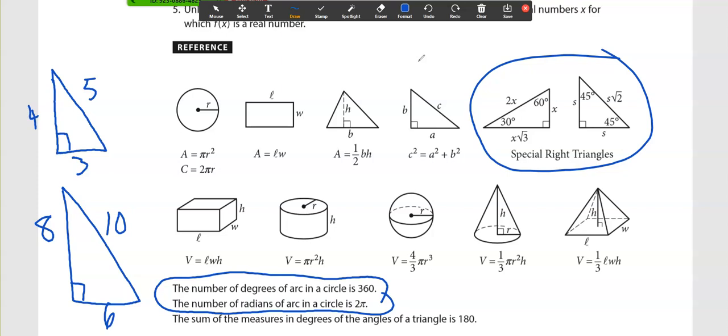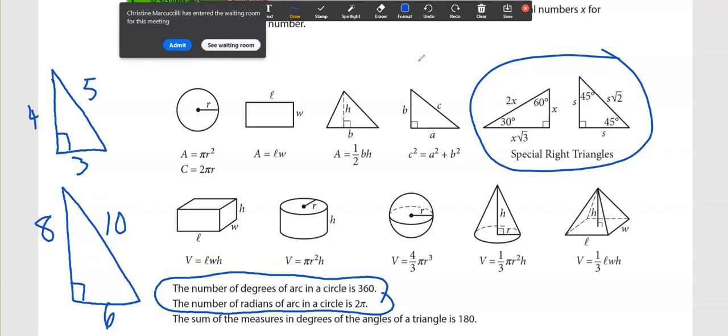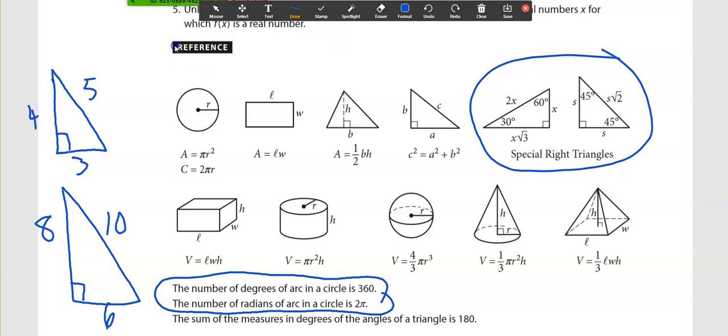At the very end of Algebra 2, they teach you about radians and the unit circle. I'm hoping that even with our weird schedule this year, they still will talk to you guys about the unit circle. And it looks like we have somebody entering. So hopefully she gets entered.